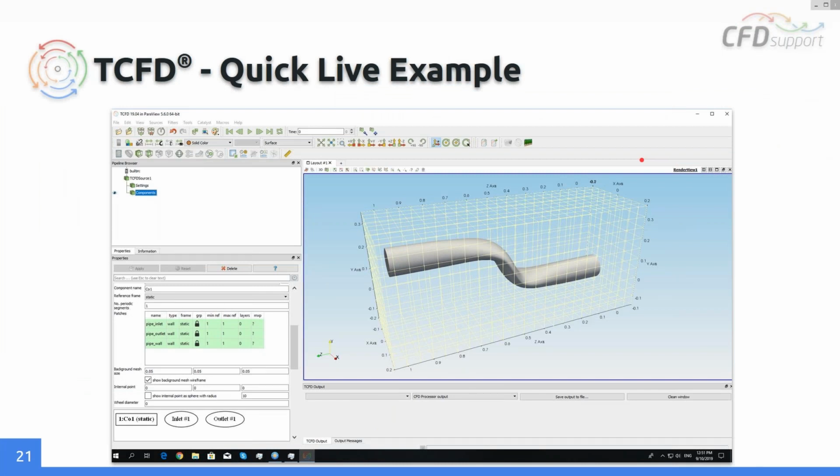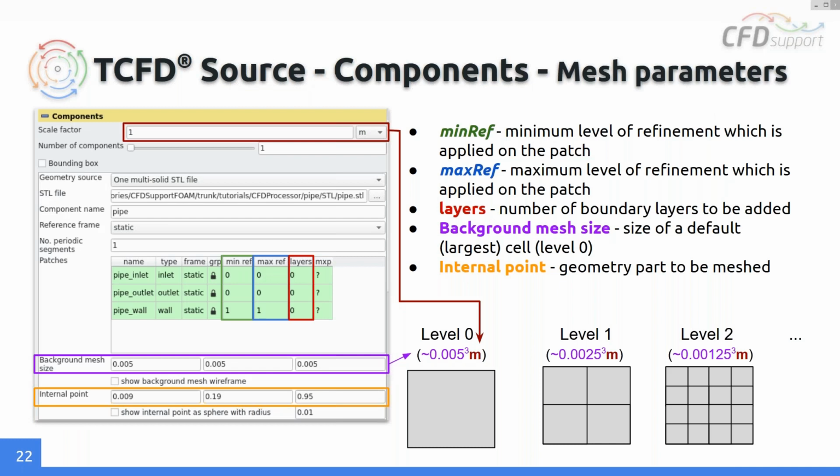So let's move on. Let me quickly describe the parameters for meshing. First, the basic parameters are as follows. For each boundary, I can prescribe the minimum and maximum level of refinement. What does it mean? As I already mentioned, the meshing process starts from the background mesh.